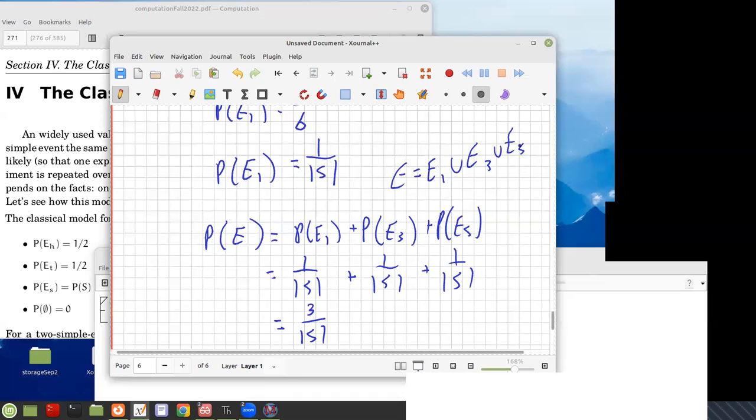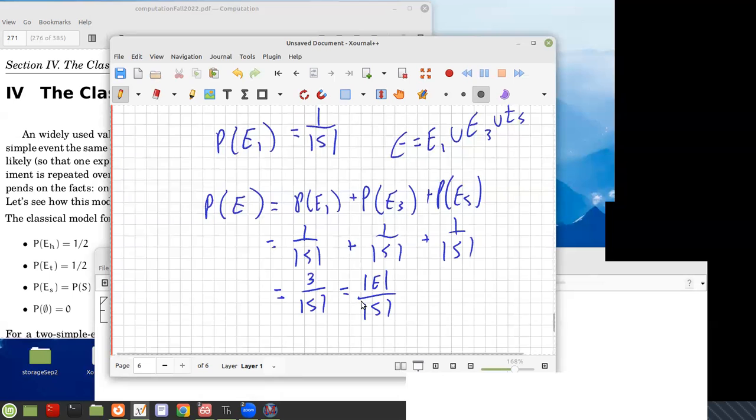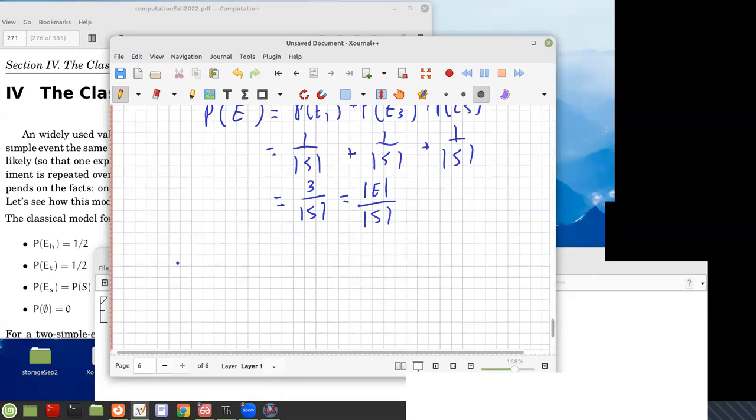Well, what is this 3? It's the number of elementary outcomes needed to produce this set here. So this is really the number of outcomes in the event divided by the number of outcomes in the sample space. And this is going to be true in general.